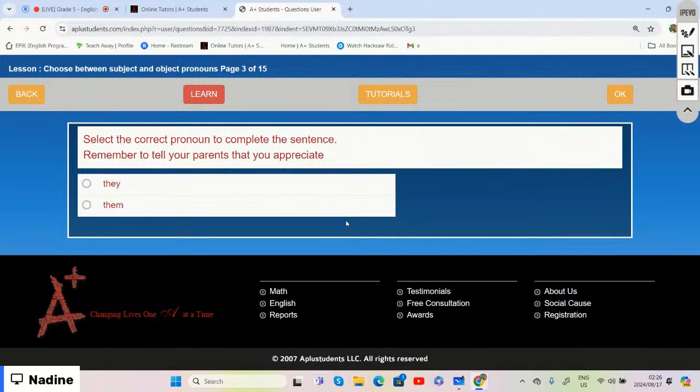Which one is correct? No problem. So remember to tell your parents that you appreciate them.